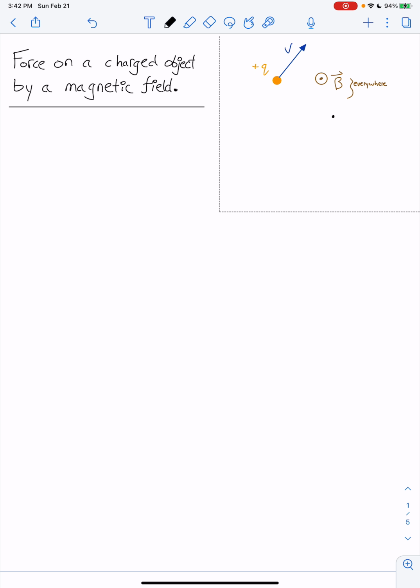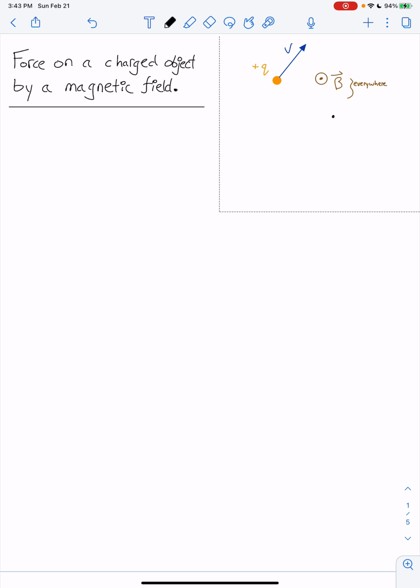If we introduce a magnetic field, which in this case is out of the page, and it's everywhere. I've only drawn the one notation of the field, but I'm saying it's everywhere so that I don't have to draw lots of them. So what's going to happen?